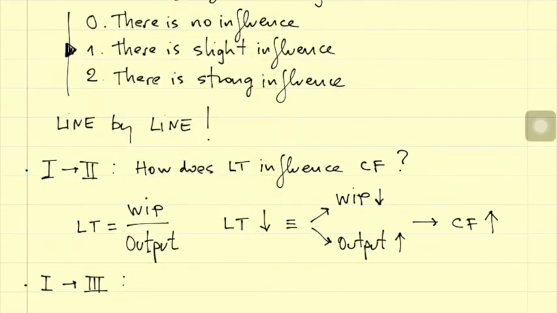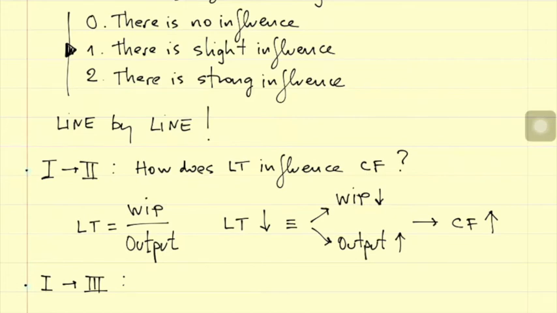Can you follow the argument? Because later on in the exam, if I ask this, you will need to be explaining exactly what I just said, okay? The lead time is WIP divided by output. This means that lead time goes down, implies that the WIP goes down or the output goes up.